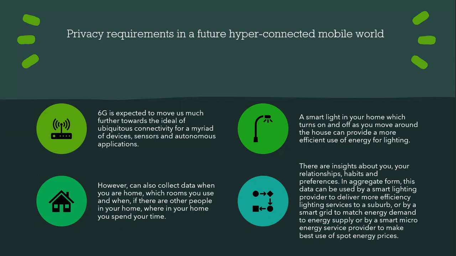In aggregated form, this data can be used by smart lighting to deliver more efficient lighting services to you as a customer, or by a smart grid to match energy demand to energy supply, or by a smart micro energy service provider to make the best use of spot energy prices.